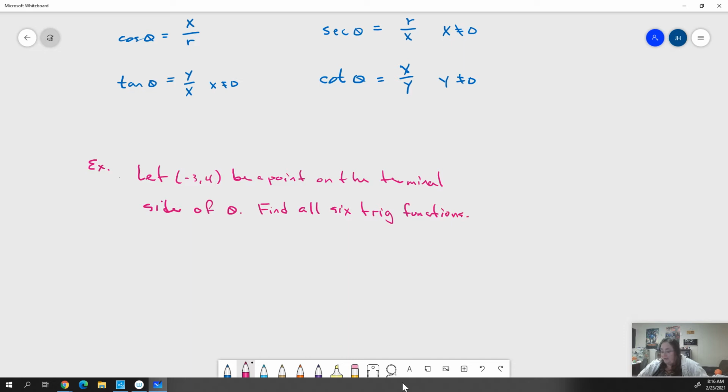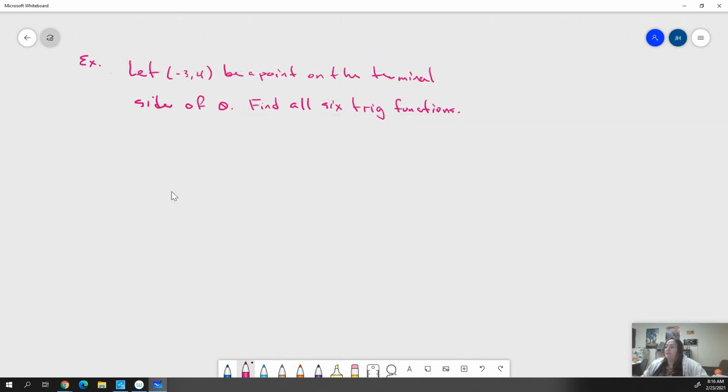And it's asking us for a value, right? So the first thing that we want to look at is, what does it mean to have -3, 4 be a point on the terminal side? So you draw a picture. And I can say, all right, I know I have to start here, right?